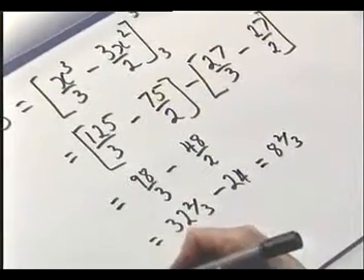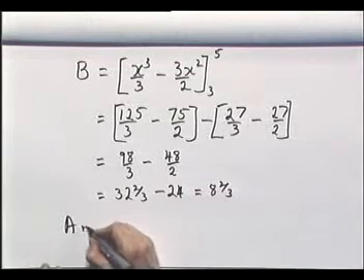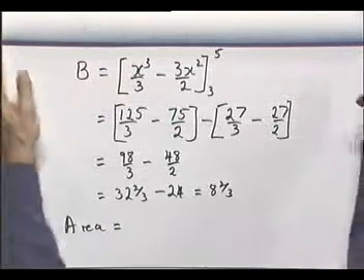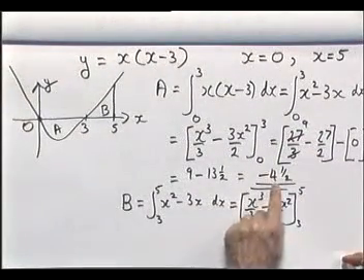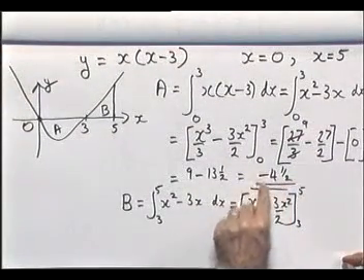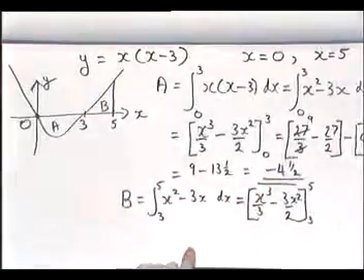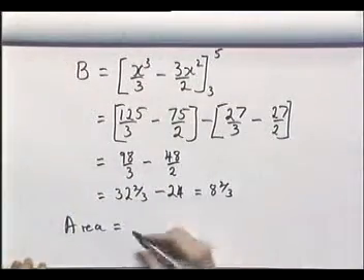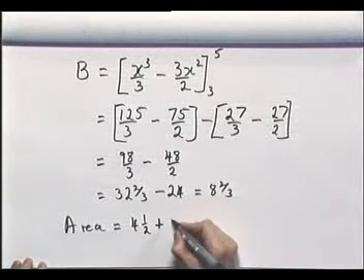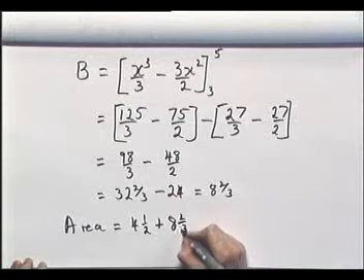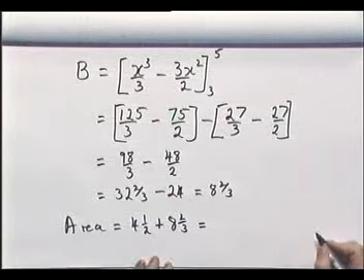So the actual area that I've got is the area of A, the actual area of A, which is 4.5. The minus sign tells us that it's below the x-axis. 4.5 plus the area of B, which is 8 and 2/3.